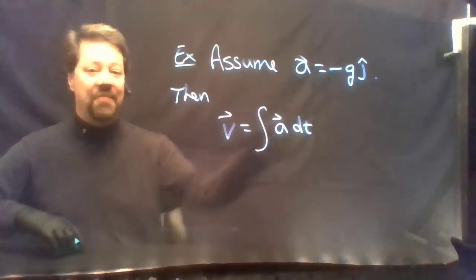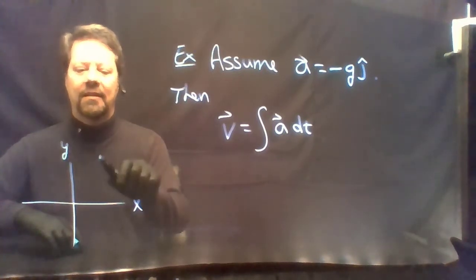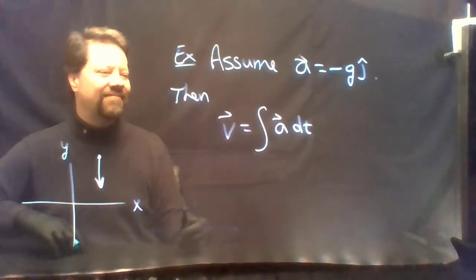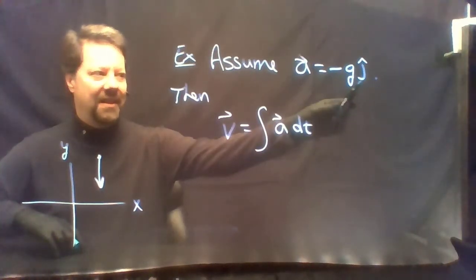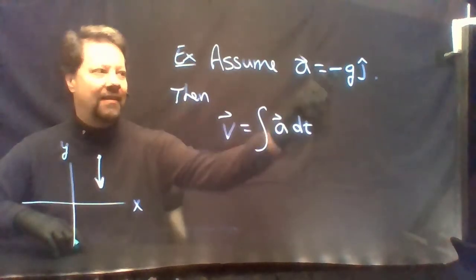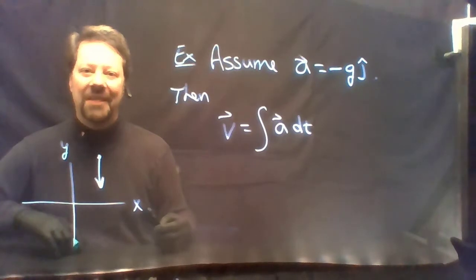As you can see, I'm assuming here that the acceleration goes down at each point. The j vector goes up, minus j goes down. The constant g gives you the magnitude of that acceleration.